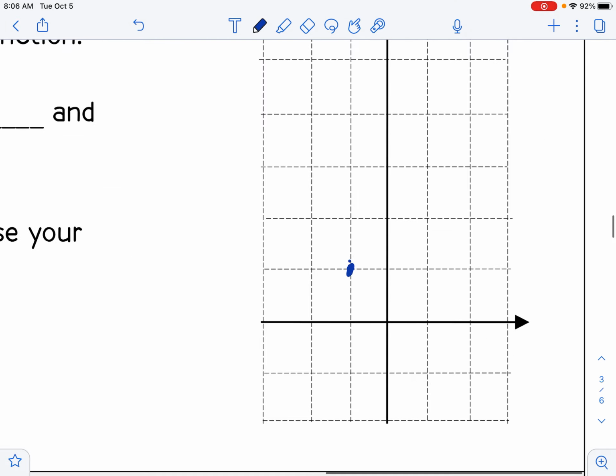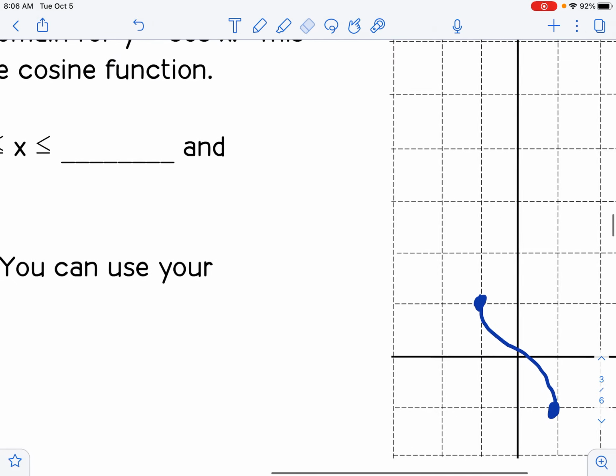Zoom in here. Sorry about that. That looks like the reflection of sine.